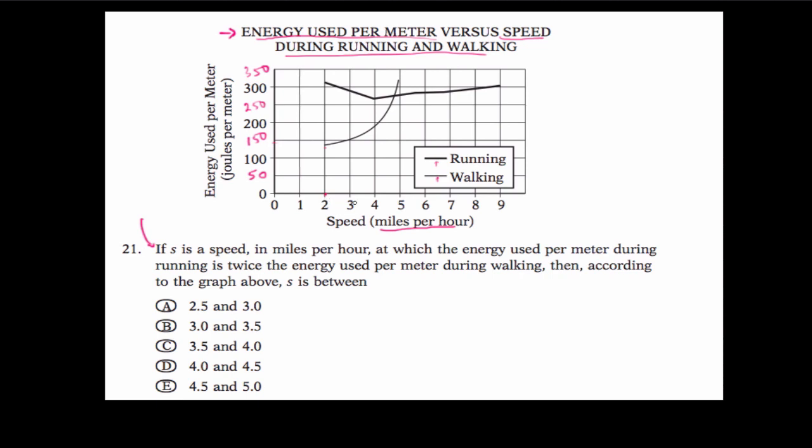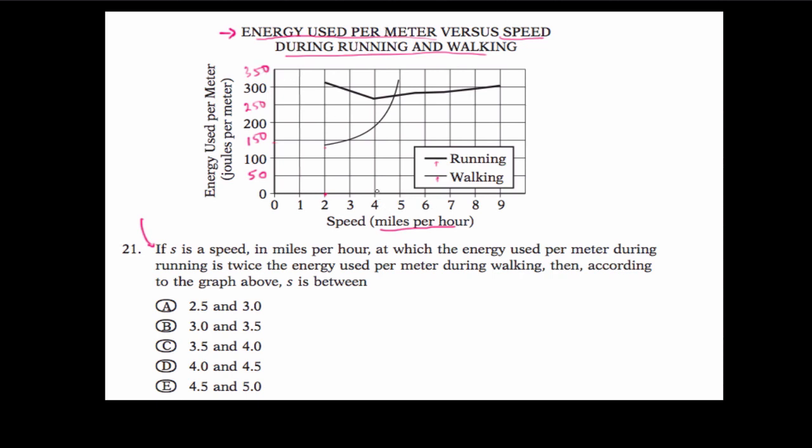When this person increases the speed to 3 miles per hour, the energy used increases to about 151 joules per meter. When the speed is increased further, maybe when the speed is 4, it goes to 200. So the higher the speed, the higher the energy used per meter.